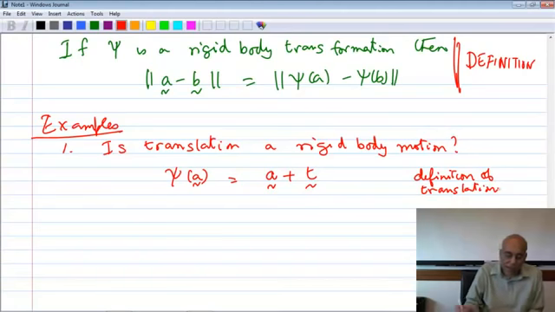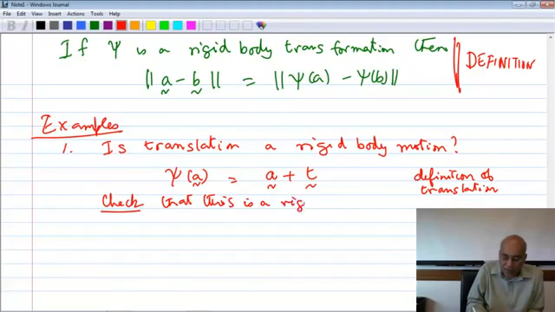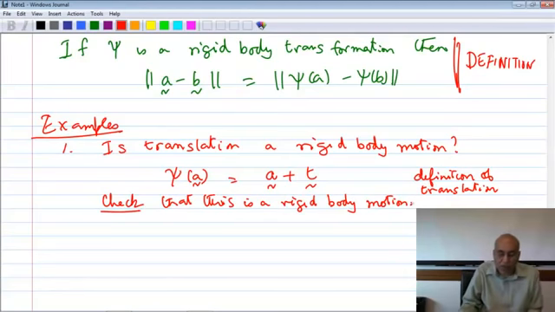Okay, can we check that this is a rigid body motion? How do we do this?